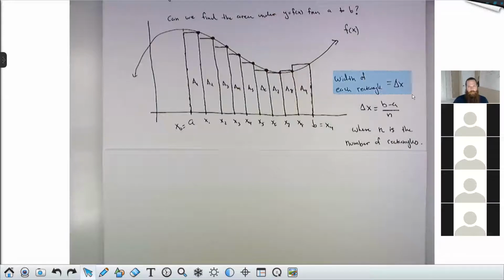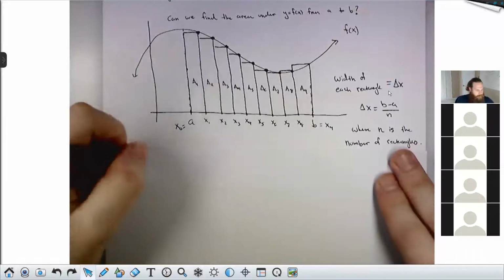Remember, the width of each of these subintervals we call delta x. So the easiest way to call it is just delta x. It's the same as x1 minus x0. It's the same as x2 minus x1. It's the same as x3 minus x2. They're all the same, and they're all delta x.